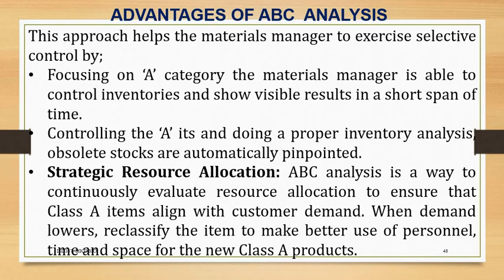So strategic resource allocation, that is ABC analysis, is a way to continuously evaluate resource allocation to ensure that class A items align with customer demand. You get it? So at times this ABC analysis helps us to know that, okay, this is the demand of these customers. So let me stock in these goods for A. Let me stock in these goods for B and C as well.